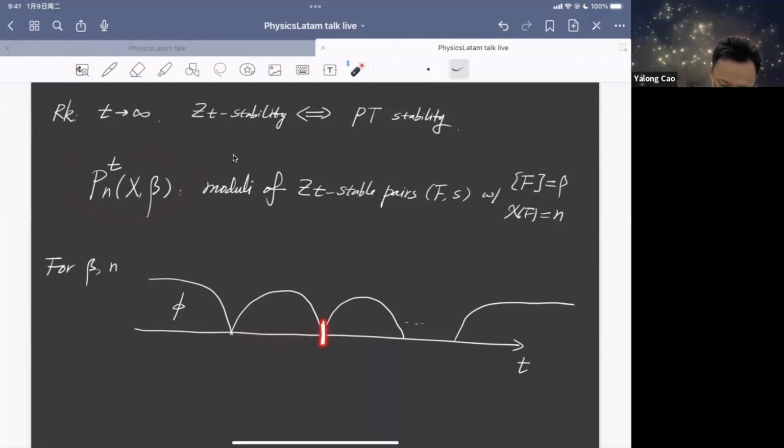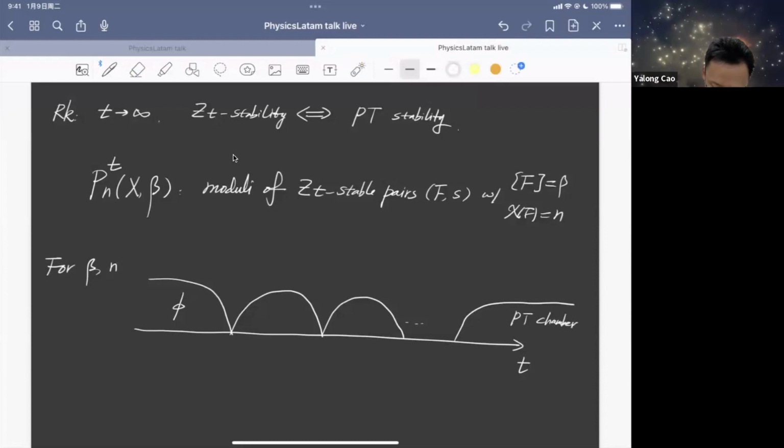And if you cross this wall, it will become something else. In each chamber it stays the same, then changes, stays the same and changes, until t is sufficiently large, then it will stabilize and become the PT stable pairs. Let's say these are the PT chambers.